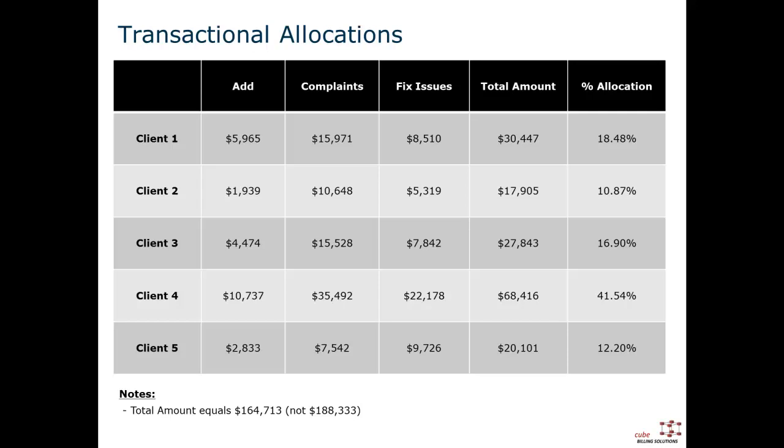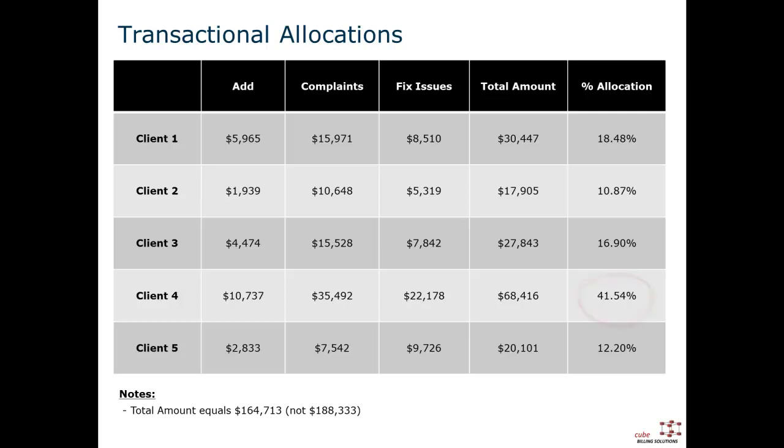So we had the average or blended rate, the volumes, and we multiply the 2 together to come up with a total amount for each offering. And in this example, we can see that client 2 consumed less than 11% of the overall cost to perform these services, and client number 4 consumed over 40% of the cost.